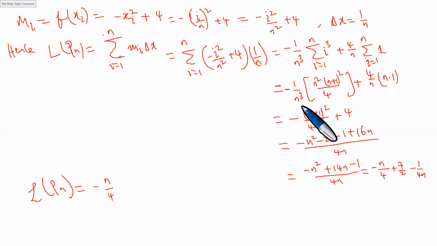And then this one is going to cancel, giving us only n, so this should have a higher order. I'm going to check this, because if you simplify this, it's going to have an n there.